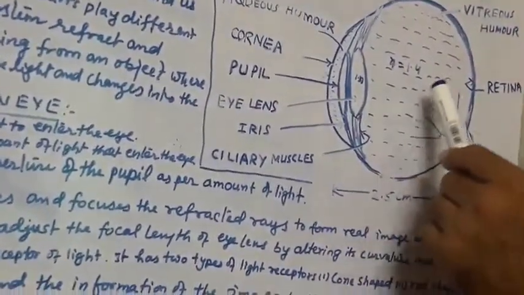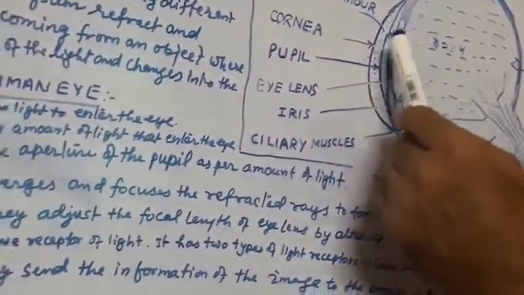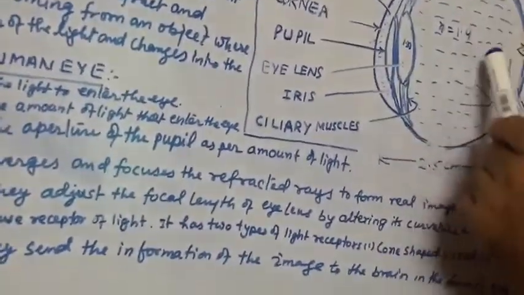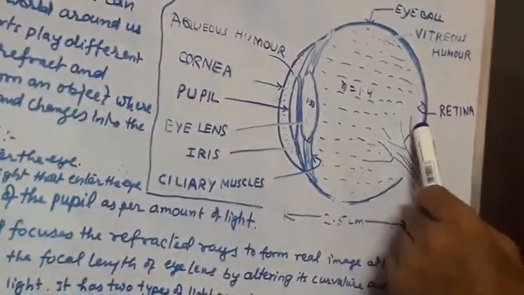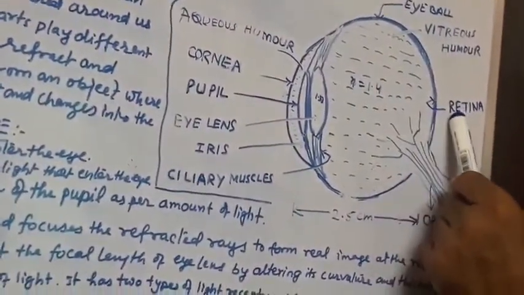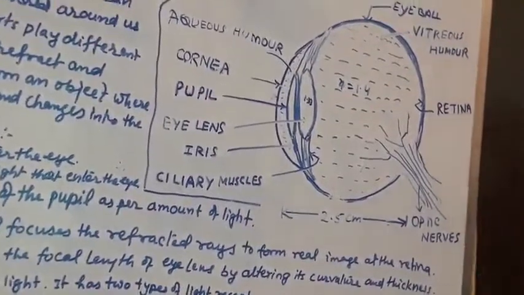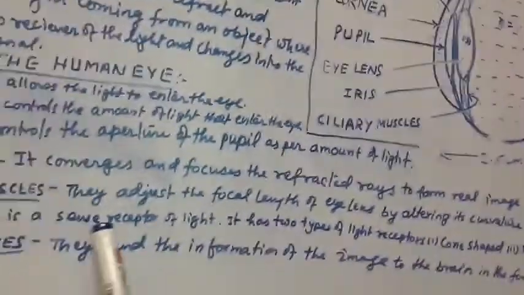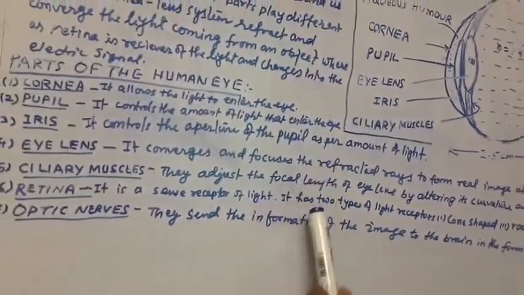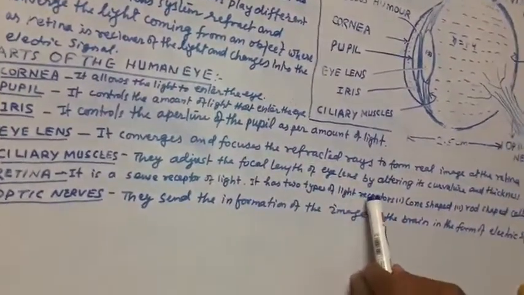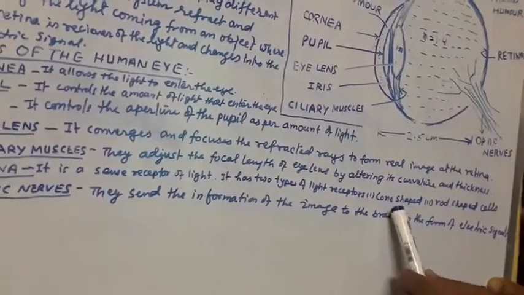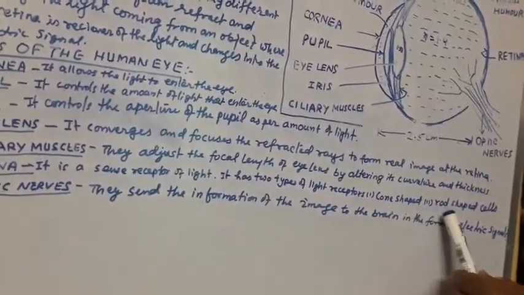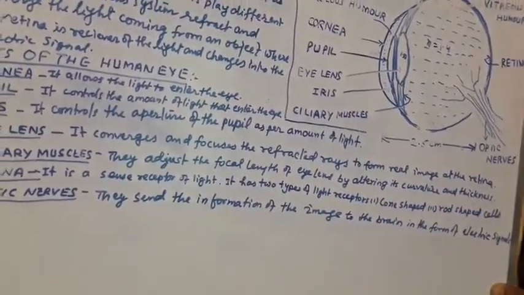In this way, the light passes through the vitreous humor and reaches the light receptor part which is called the retina. The retina is a sense receptor of light. It has two types of sensory receptors, light receptors. One is called cone-shaped cells and the second one is rod-shaped cells.